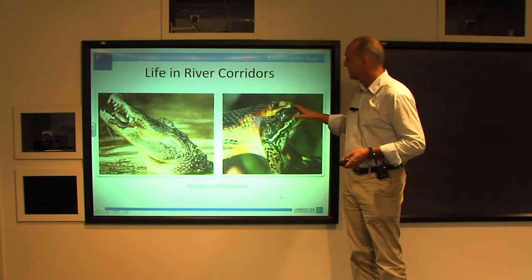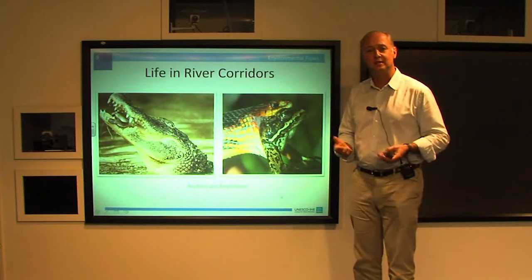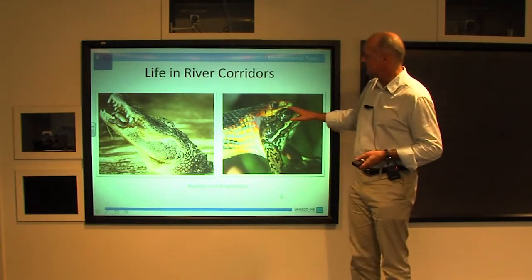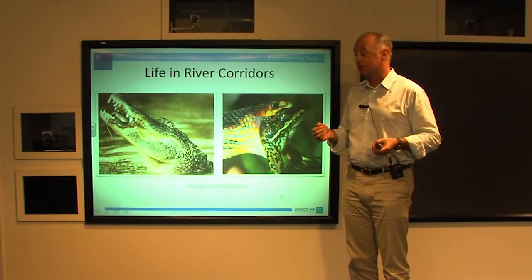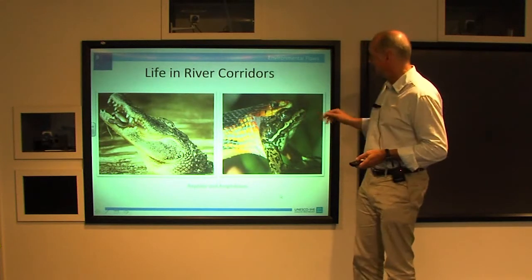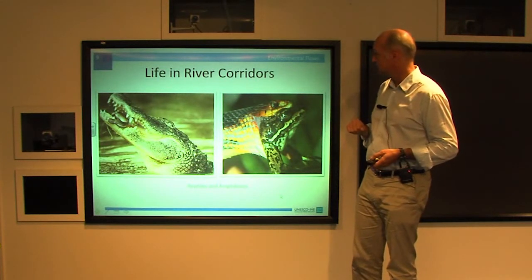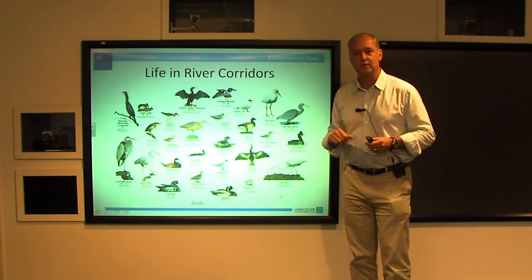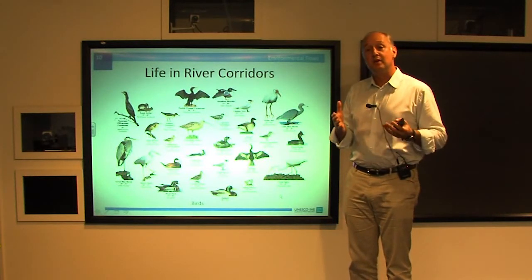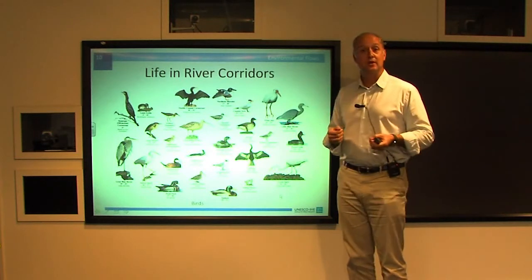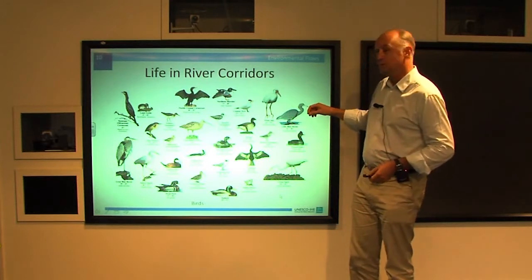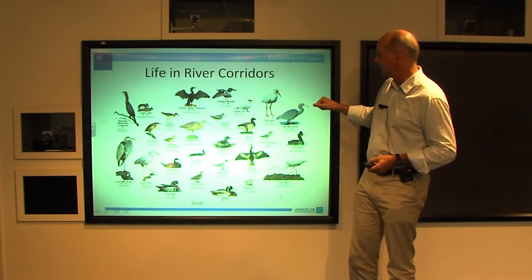And then we come to the reptiles, the amphibians, salamanders, toads, frogs, the like. These tend to occur in smaller numbers and tend to be predators, as we can see demonstrated very clearly in these two photographs. Now, it's also important to recognize not only the organisms living in the river itself, but organisms such as birds that are very often active in river corridors and in the water itself.